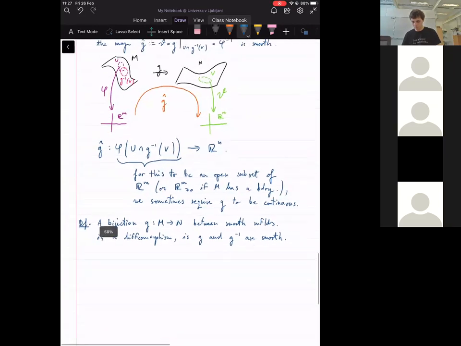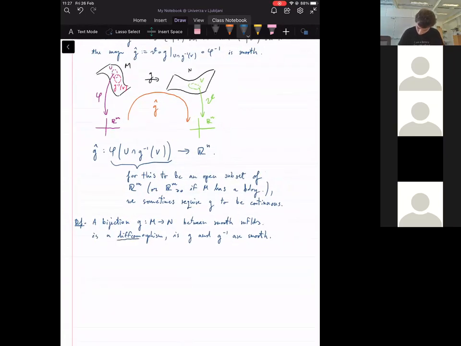Okay. So this would mean an isomorphism in the category of smooth manifolds, right?